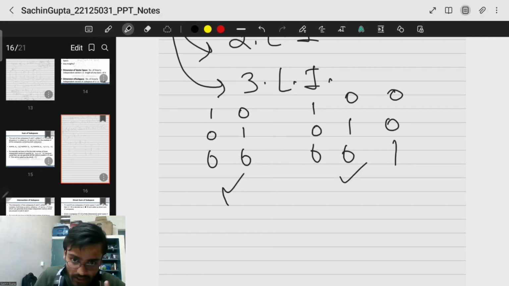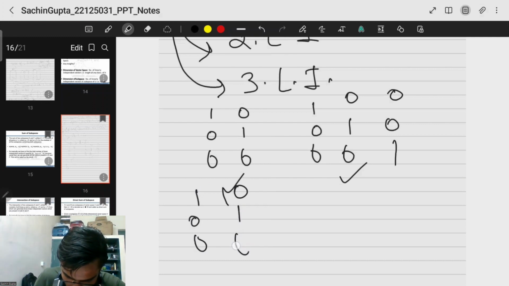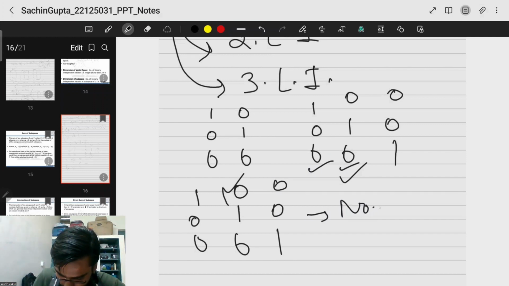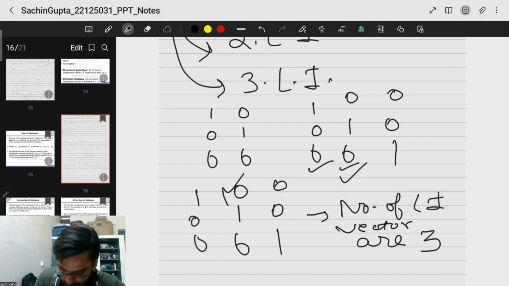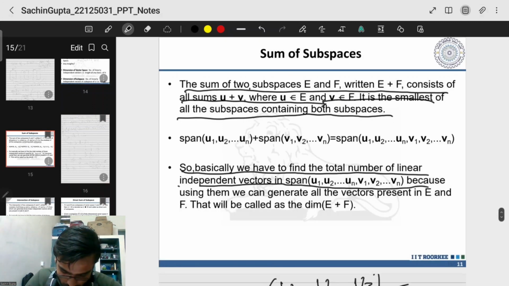So it is like a union. The vectors 1 0 0 and 0 1 0 are already counted, and they are also present in F. So the number of linearly independent vectors is 3. So it is also called the dimension.